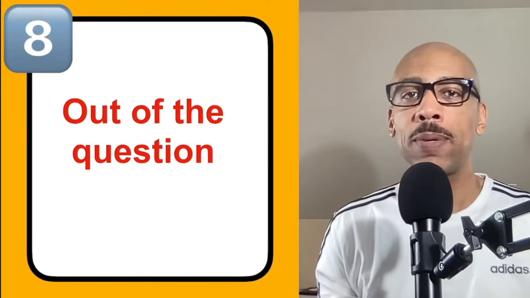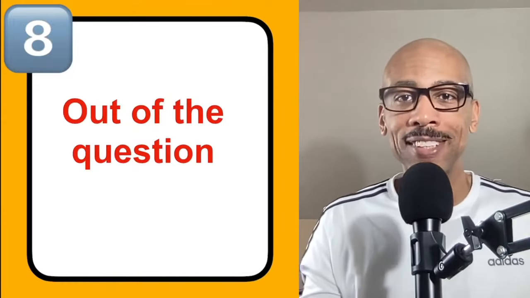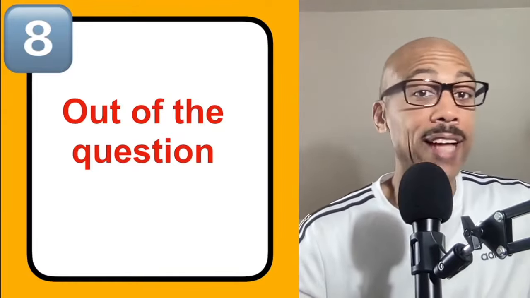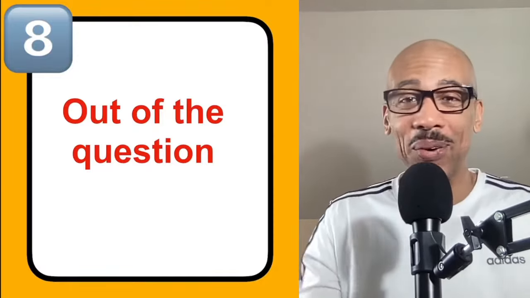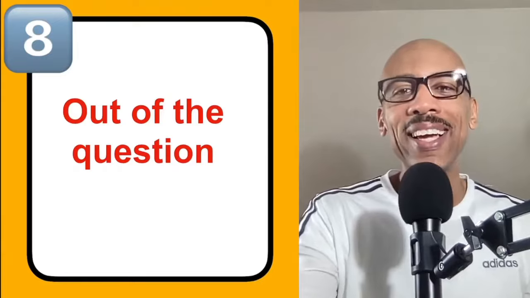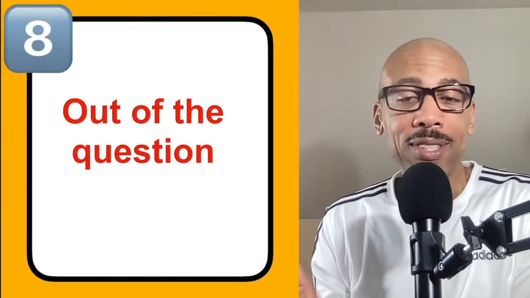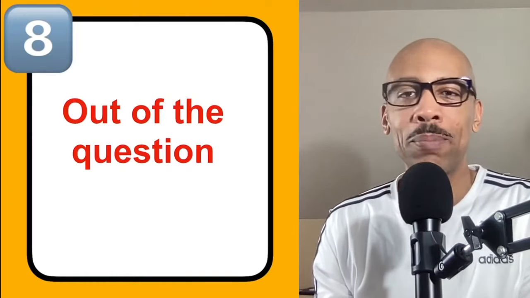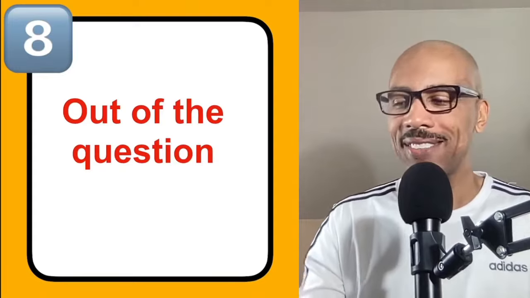I need to go shopping. No, that's out of the question. I'm not going to do that. Okay. Can I give you a kiss? That's out of the question. That's not going to happen. Okay. So you can use this prepositional phrase in a number of ways. Okay. Out of the question.